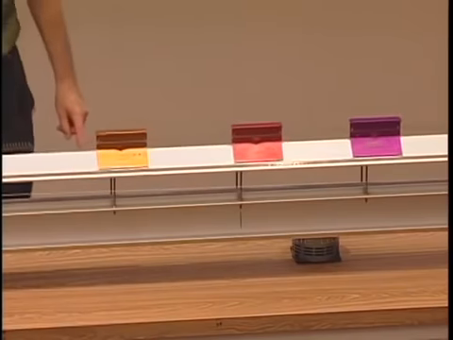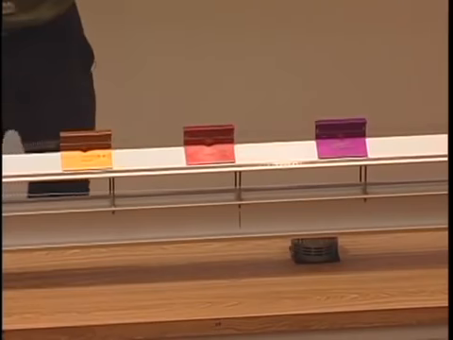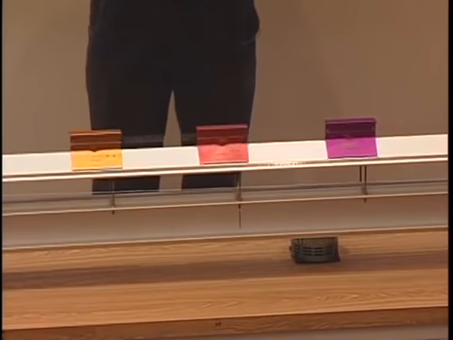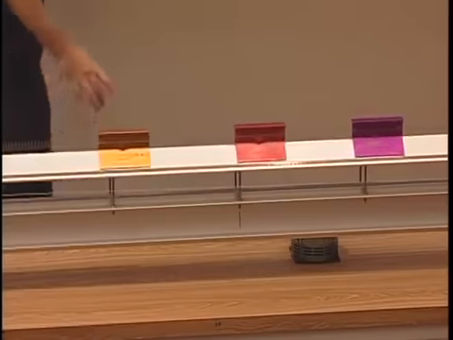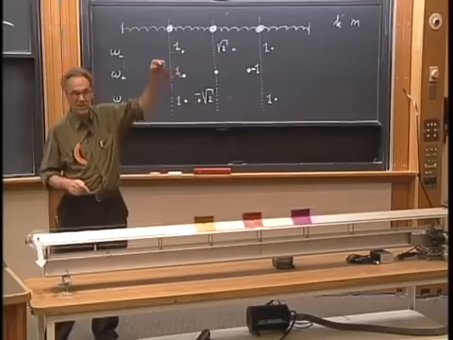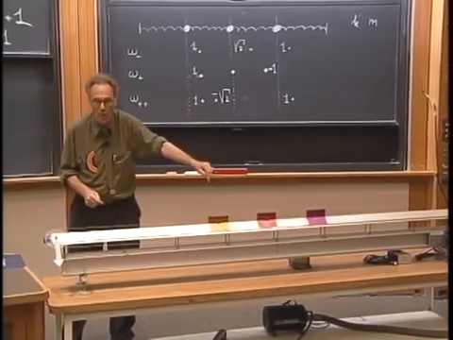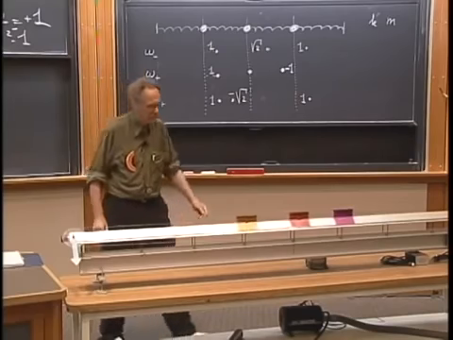That was a criterion for normal mode. They come to a halt at the same moment in time. They all have the same frequency. And the amplitude here is square root of 2 times larger. That is not so obvious. But this is a criterion for normal mode: same frequency and in phase.